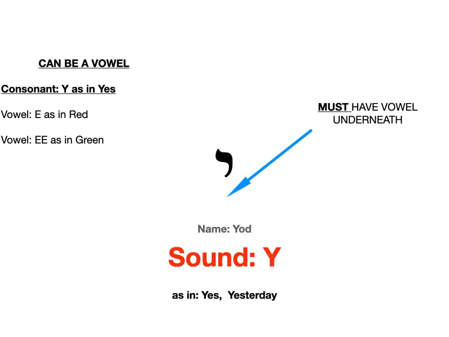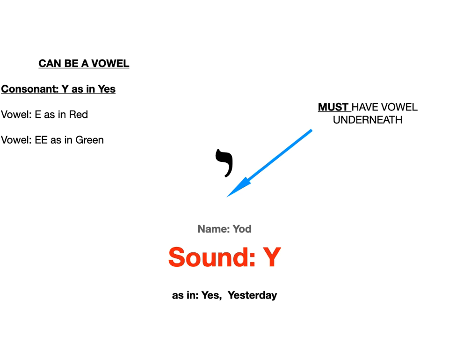The next letter is the smallest. It's called yod. And you have an example of that in the New Testament, where not even an iota, something very, very short, will disappear. So this is yod, and it's written kind of like an apostrophe in English.